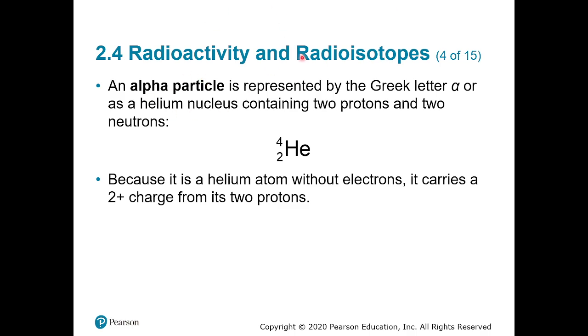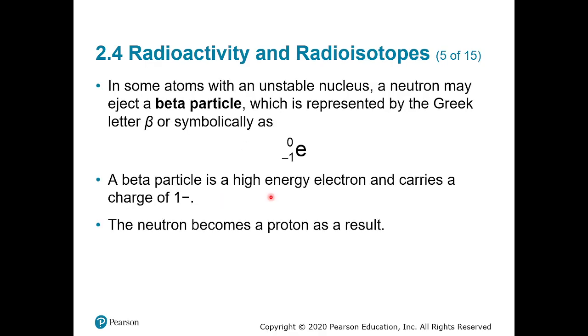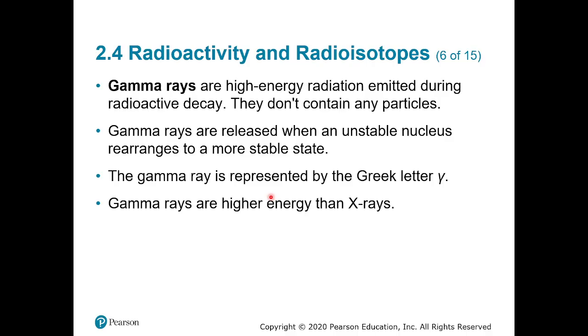Alpha particles can be represented again by the Greek letter alpha, 2 plus charge. Beta particles. And again, gamma rays. Remember that these are going to be higher energy electromagnetic radiation than X-rays. They're very, very high energy. Whenever they hit you, they're basically going to obliterate your molecules and break them up.